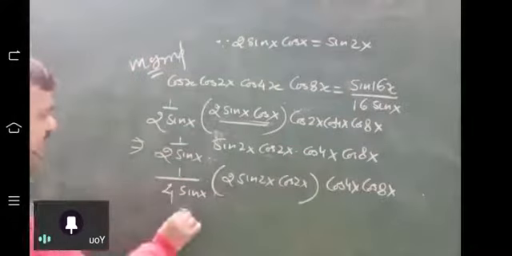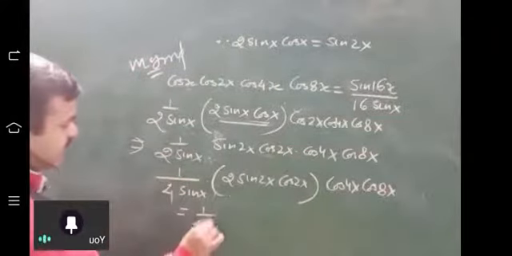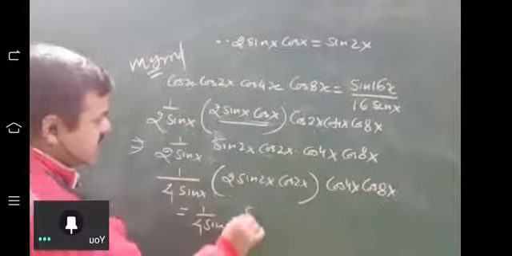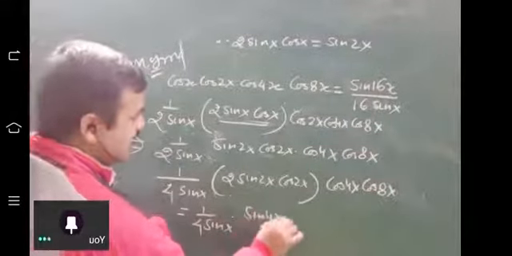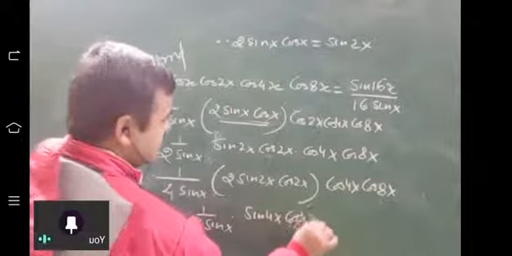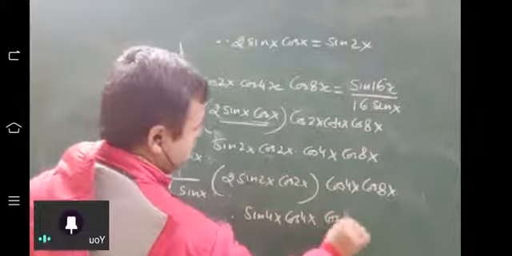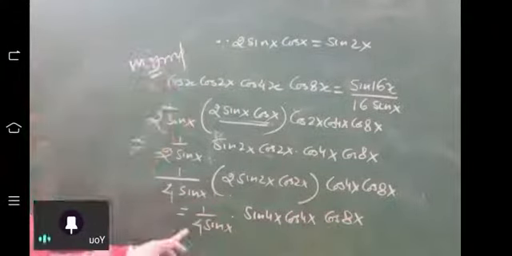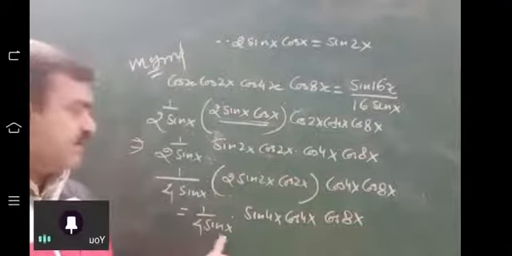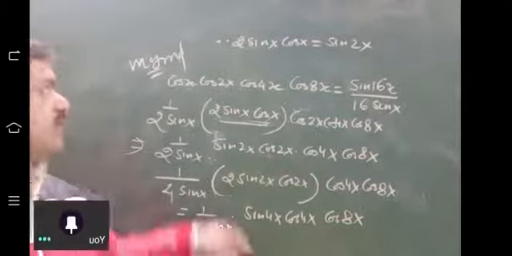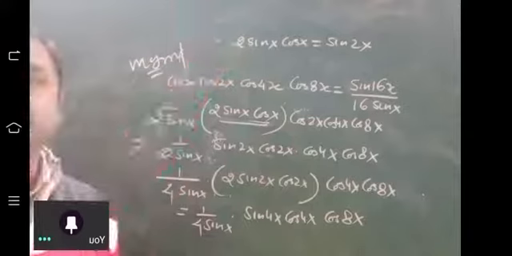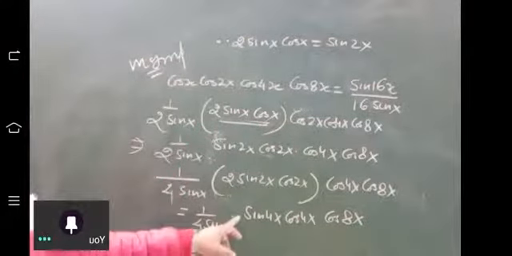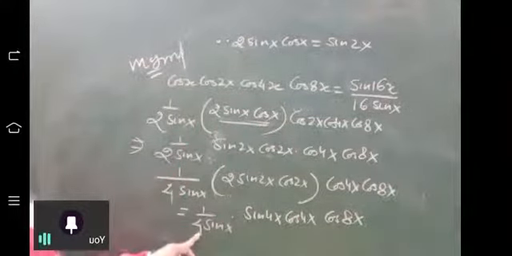Now in the next step, 1/(4 sin x) times sin 4x cos 4x cos 8x. Again divide by 2 and multiply by 2 to get in this form.